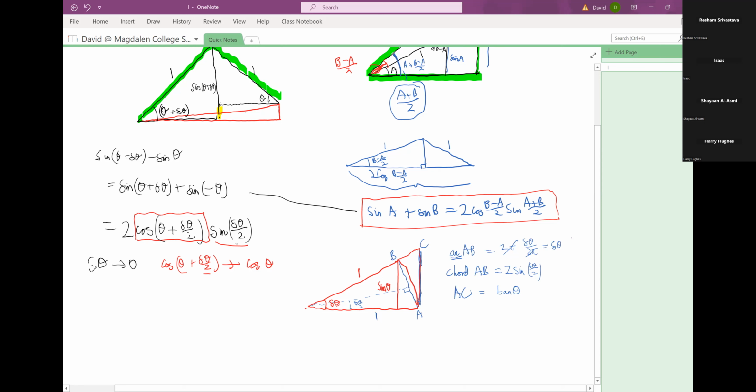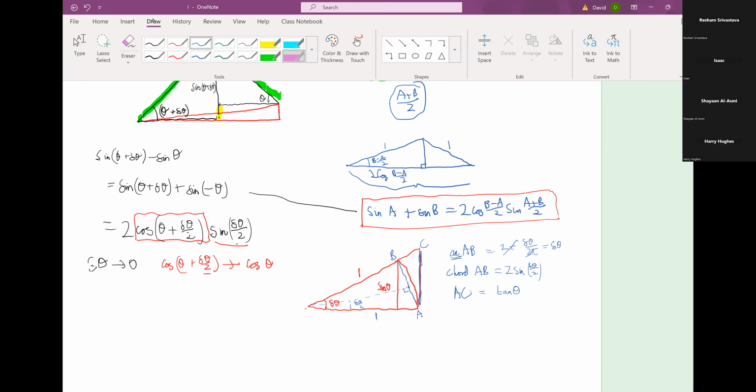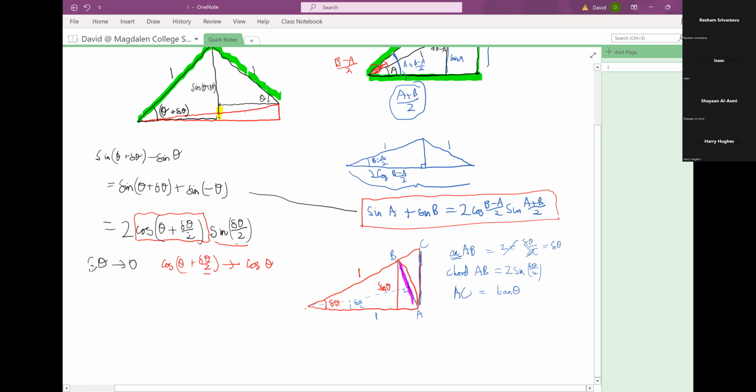Now, would anyone like to make an intuitive suggestion for what happens to this chord length AB and this arc length AB when delta theta is small?